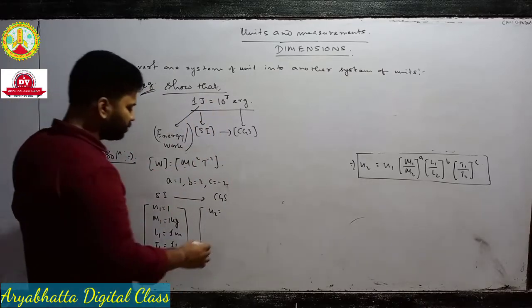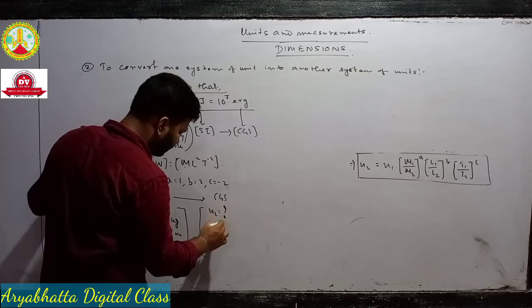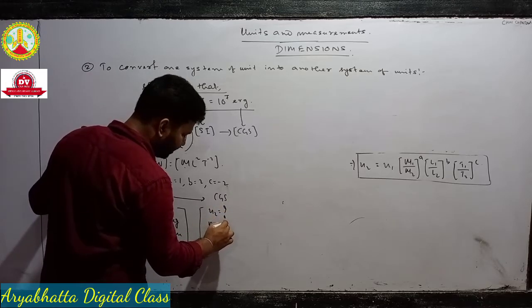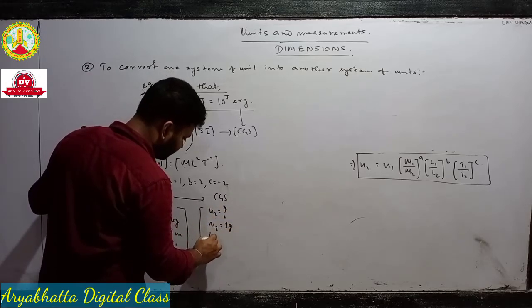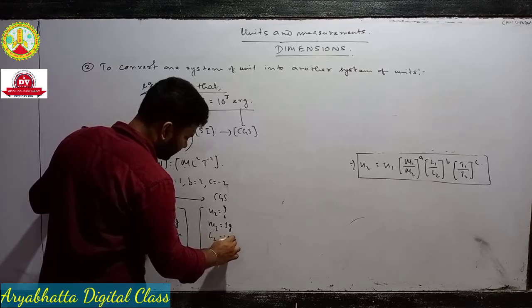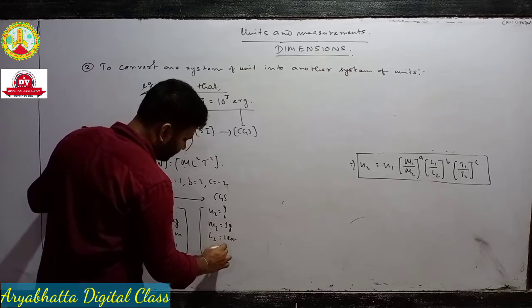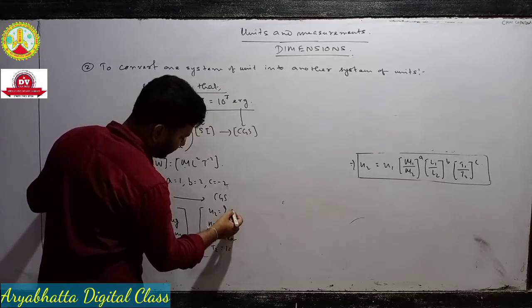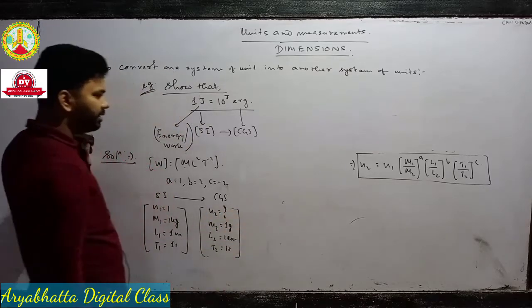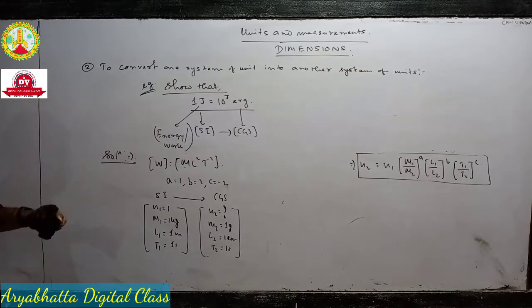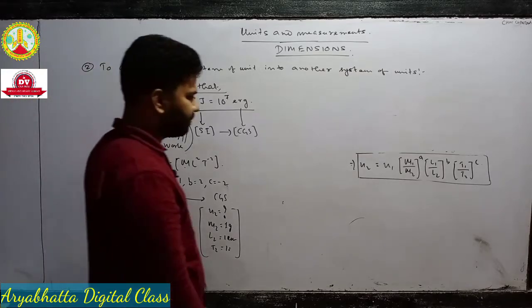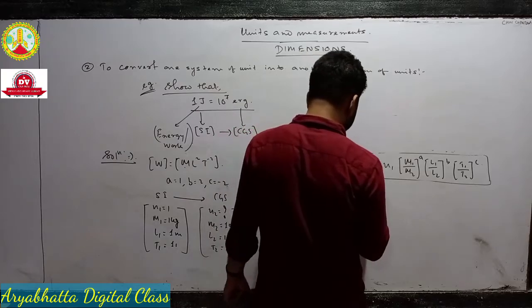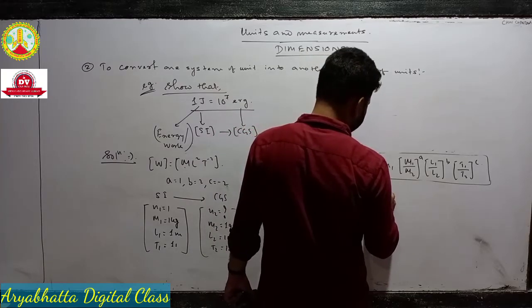So suppose we do not know N2. M2 is equal to 1 gram, L2 is equal to 1 centimeter, T2 is equal to 1 second. If N2 comes out to be 10 to the power 7, then our answer will be correct. Now see, what is the value of N2? N1 is equal to 1.